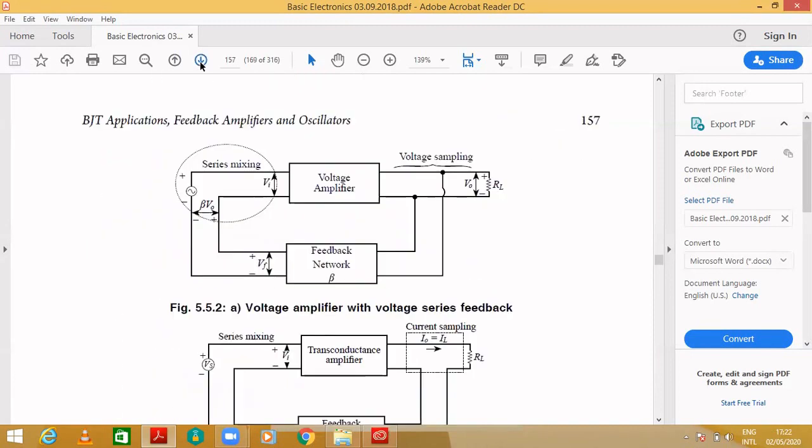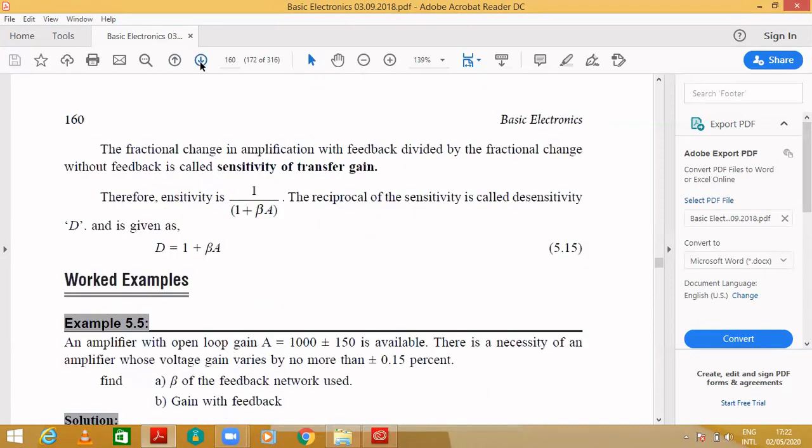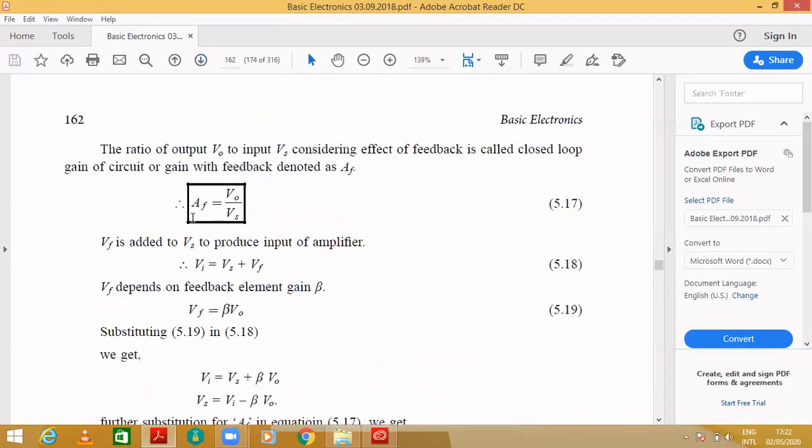The same thing is given here, that is, Vf is added to Vs and it will produce Vi. So I'm writing Vi equal to Vs plus Vf, and here I'm using positive feedback, hence this is a positive value.